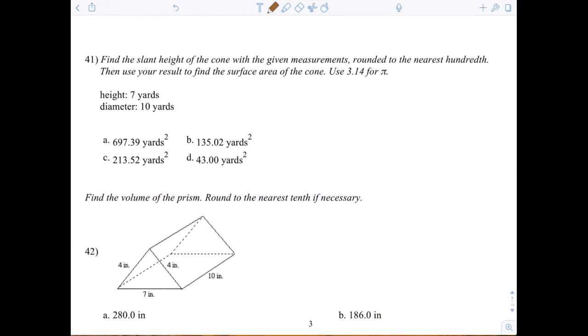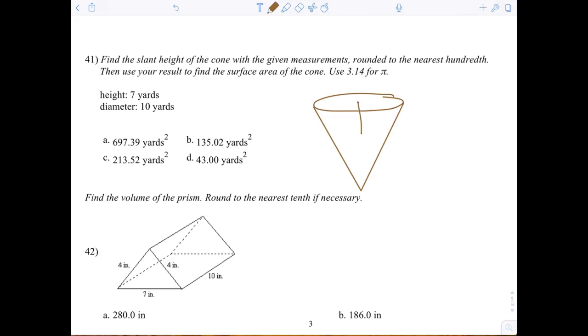All right, it says find the slant height of the cone. Then use your results to find the surface area. But now look right here, just to make sure.